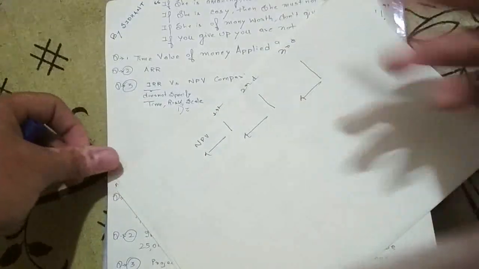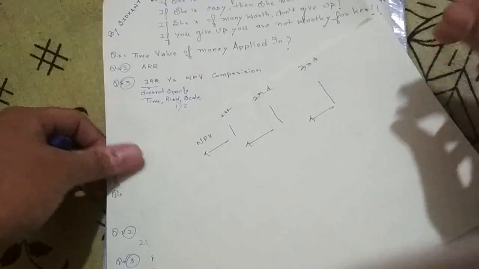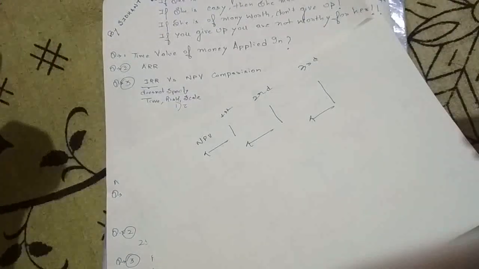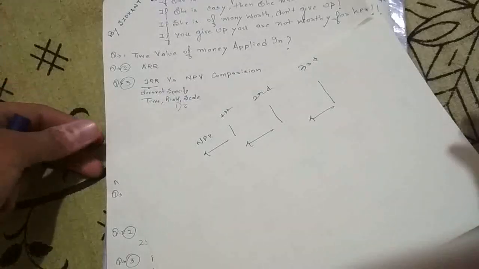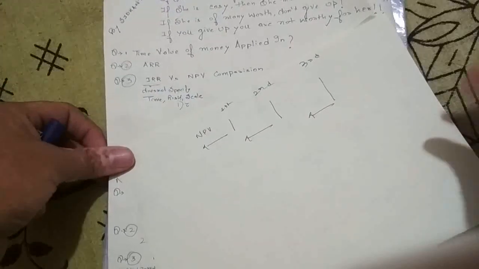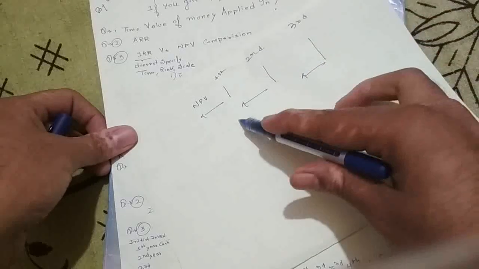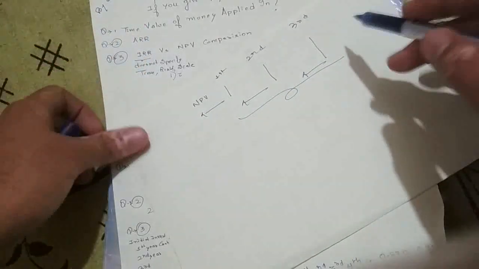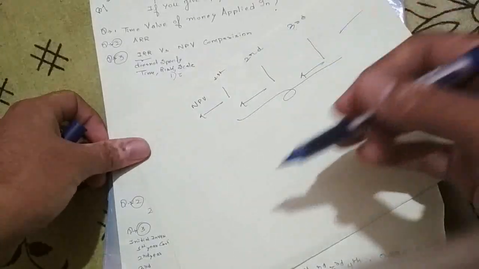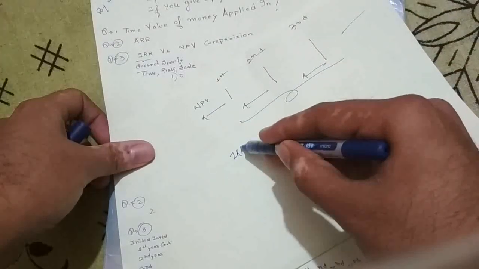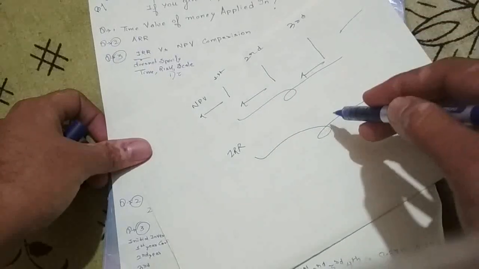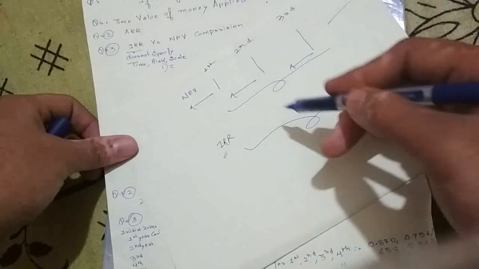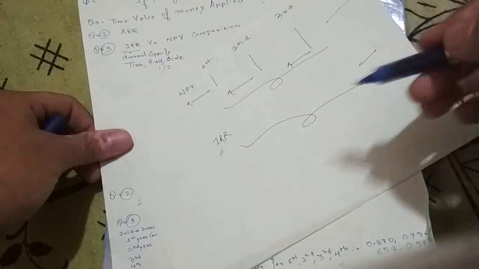That's the basic meaning of the time value of money: if we take 10 years back, what is the value of the money that you have in your hand today? This is nothing but the time value. So in net present value, we take time value into concern. Similarly, in the internal rate of return, we find it with the same formula but with a different purpose. So here also the time value of money is applied.